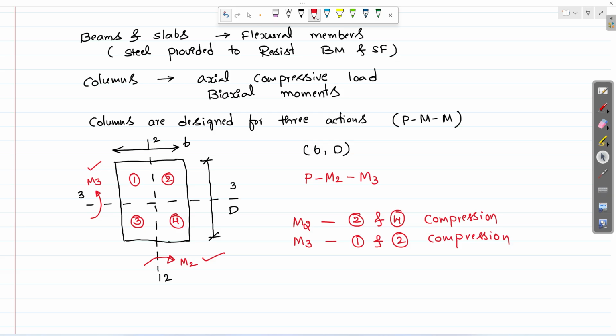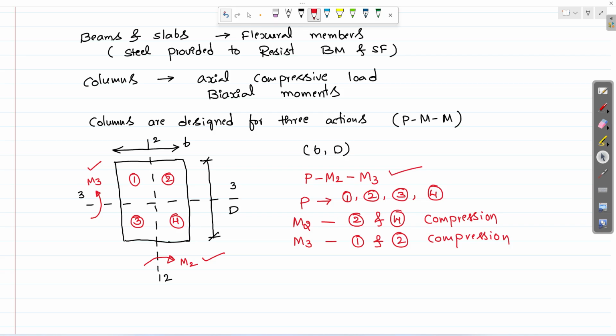Whereas P will cause compression in quadrant 1, quadrant 2, quadrant 3 and quadrant 4. So the overall strain profile in the column cross section is very complex.